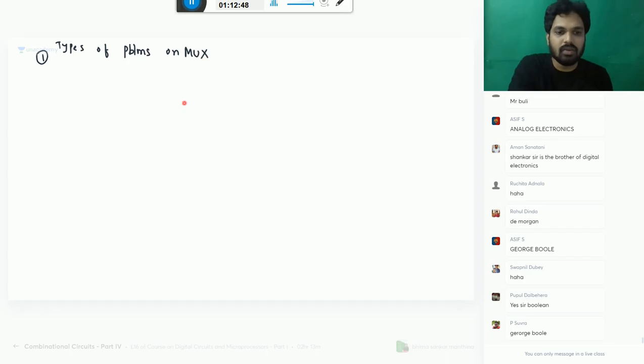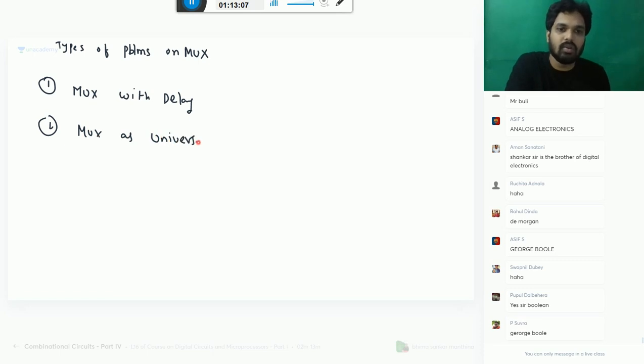Examiner can frame different types of problems. First one, the mux with delays. Second one, mux as universal gate. I want to implement means I should prove it as a universal gate, right?